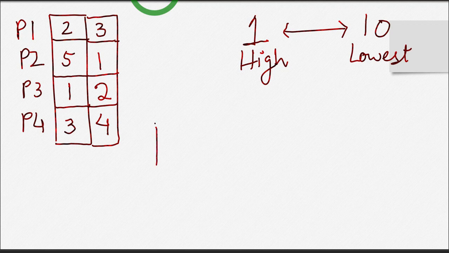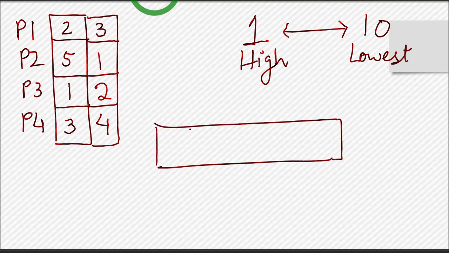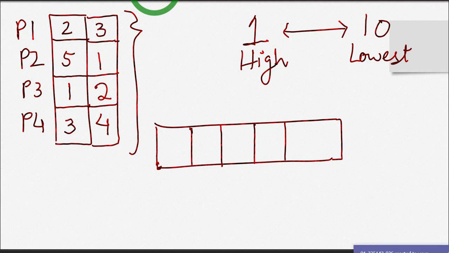Now, how will these processes be scheduled or run using this priority scheduling algorithm? First of all, we have to execute them in the order of their priorities.